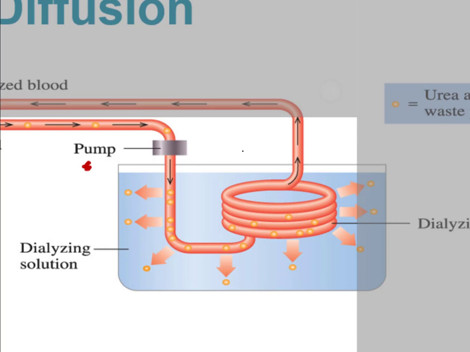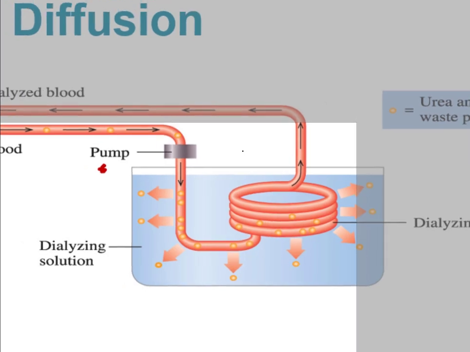So wastes always come out because isotonic blood should have no waste molecules. The waste moves out, and the way they keep this refreshed is they're constantly pouring in dialysis solution and draining it away. This solution is constantly being replaced so that it never builds up an imbalance.